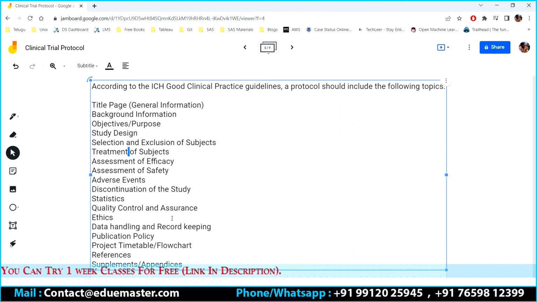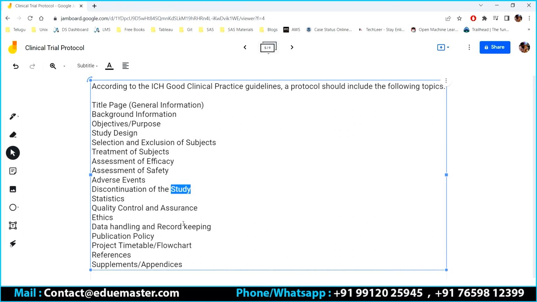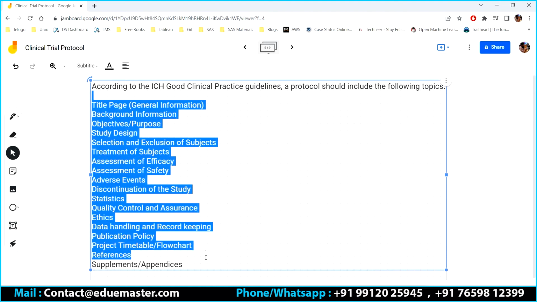Treatment of the subjects: what are the different types of treatments we have? How do you go about the efficacy? What do you mean by events? What do you mean by adverse events? Right? Under what cases do you go with discontinuation of the study? What are the statistics? Everything you can see on the screen, each and every topic present here, we are going to discuss elaborately.